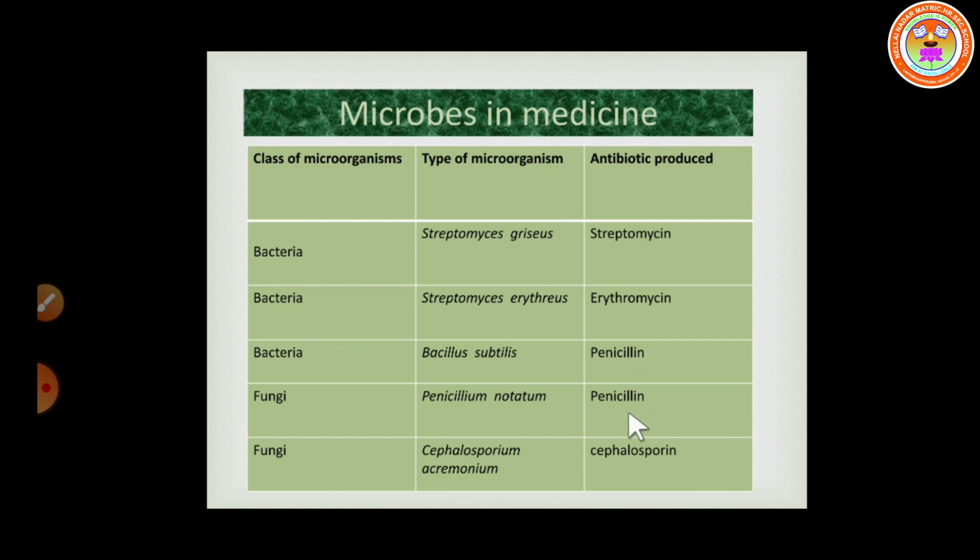These are the antibiotics, the names of the types of microorganisms, and the class, whether they are bacteria or fungi. From the bacteria Streptomyces griseus, streptomycin is obtained. From the bacteria Streptomyces erythraeus, erythromycin is produced.